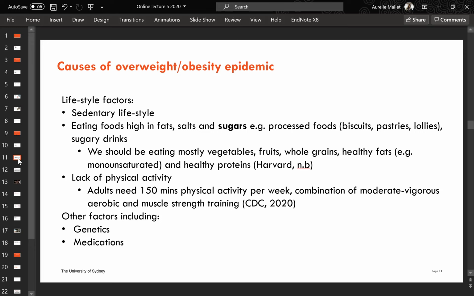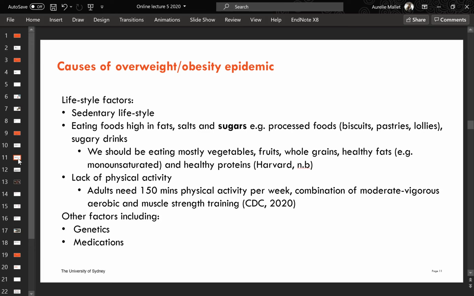What we eat also influences the obesity epidemic. So we are eating foods that are high in fat, salts, and sugars, and these tend to be found in processed foods such as biscuits, pastries, lollies, and sugary drinks, so soft drinks, sport drinks, fruit juices.